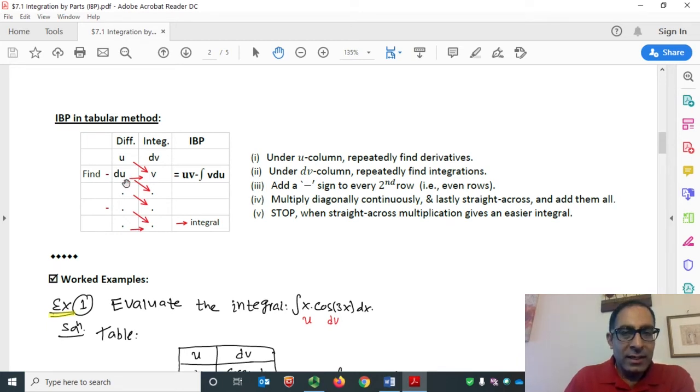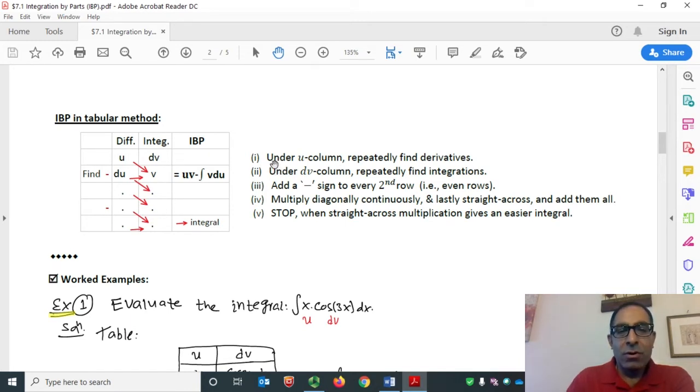Then add these two results, and that is our IBP formula: uv minus integral of v du, this minus is this minus. Sometimes we need to repeat the IBP formula twice, thrice, or even more, then we continue this table.